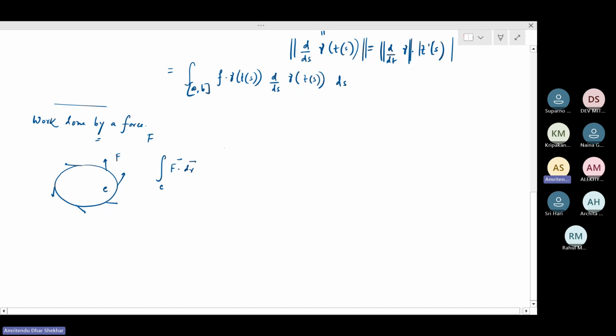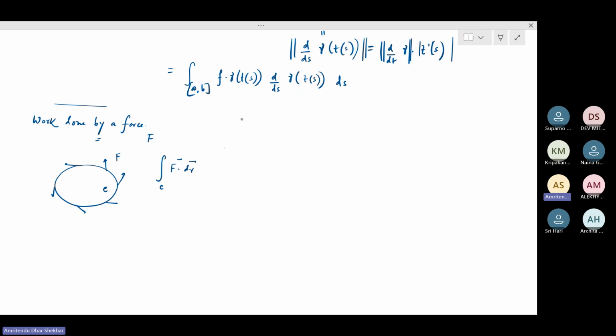So let's say you choose a parameterization of your curve. For the sake of simplicity, let's write C from 0 to Rn as the curve. This is a parameterization of the curve.